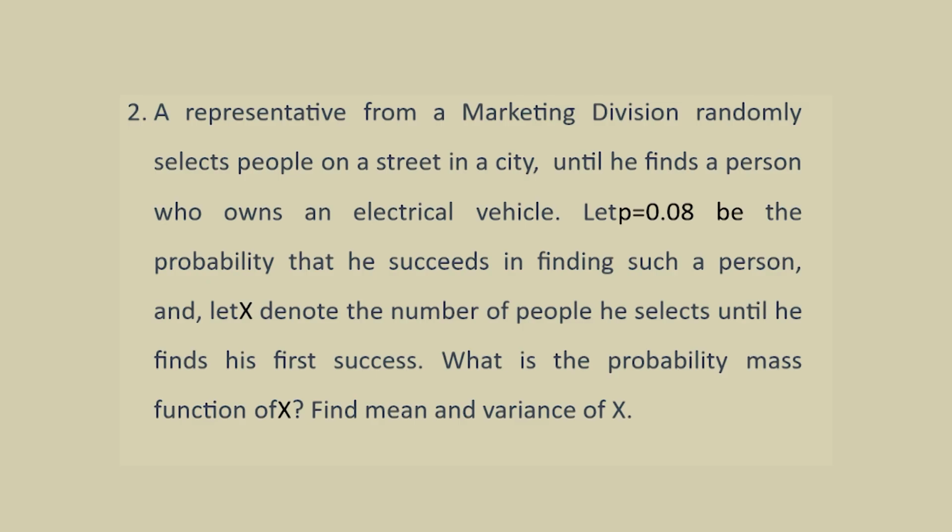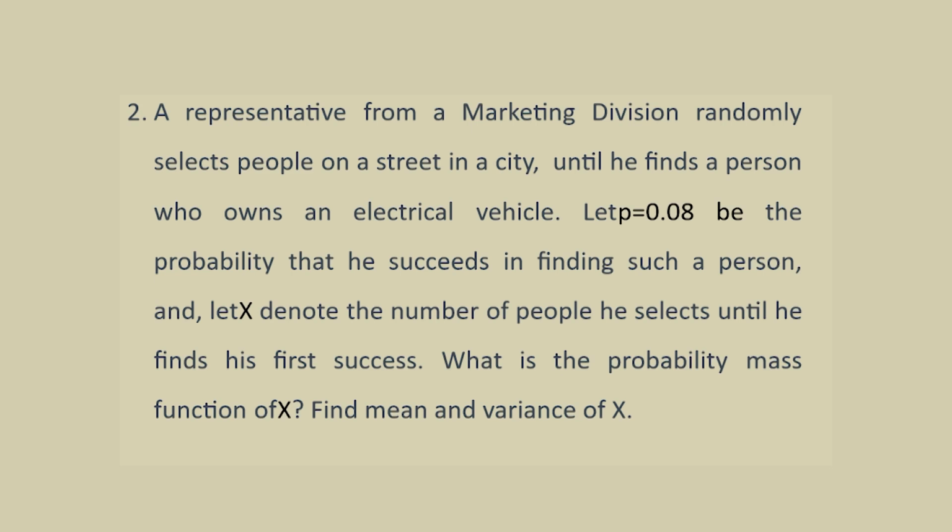What is a success here? Identifying a person who owns an electrical vehicle. Let p is equal to 0.08 be the probability that he succeeds in finding such a person. That is, the probability of identifying a person who owns an electrical vehicle, p is equal to 0.08, is given to you.